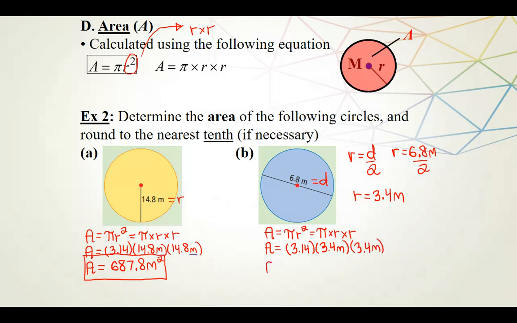And then if I plug this into my calculator, using pi is 3.14, so 3.14 times 3.4 times 3.4, you get 36.2984, but rounded to the nearest tenth, it'd be 36.3 meters squared.